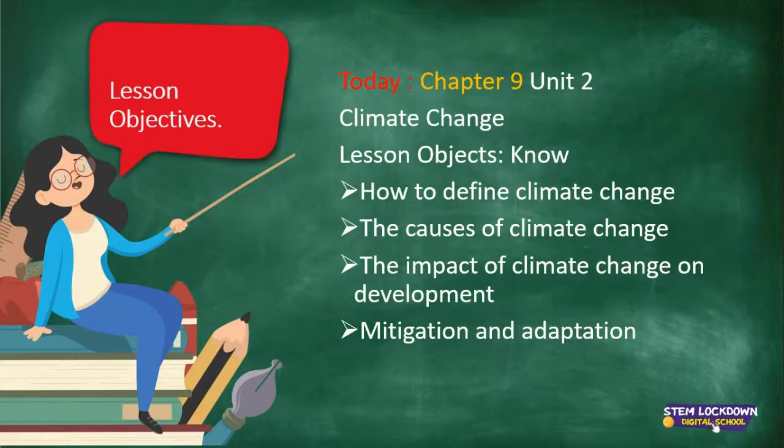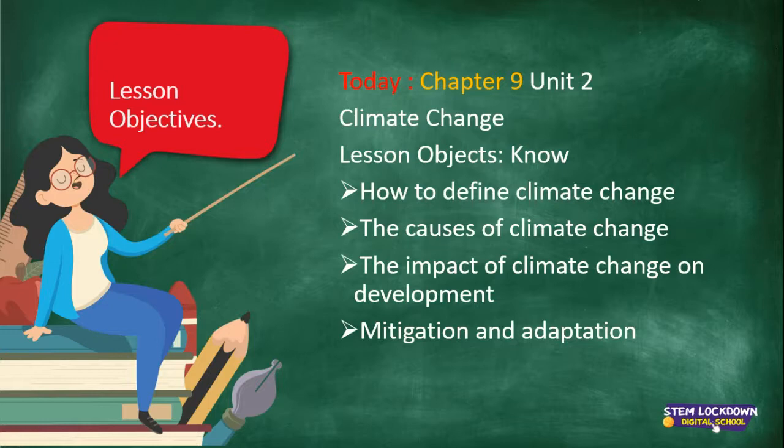Now today we are going to do chapter 9, unit 2, which is on climate change. Yesterday we were on chapter 9, unit 1, so we're continuing with the environment and everything about the climate.